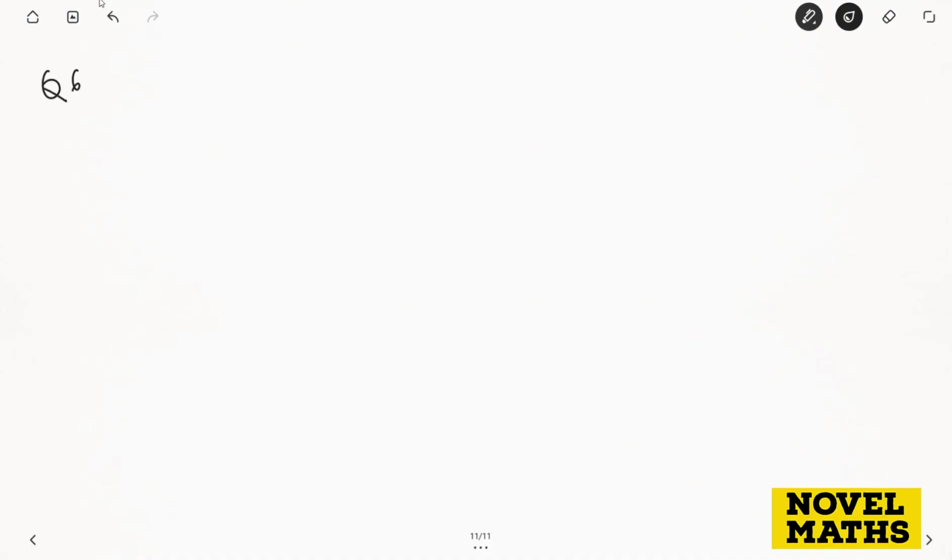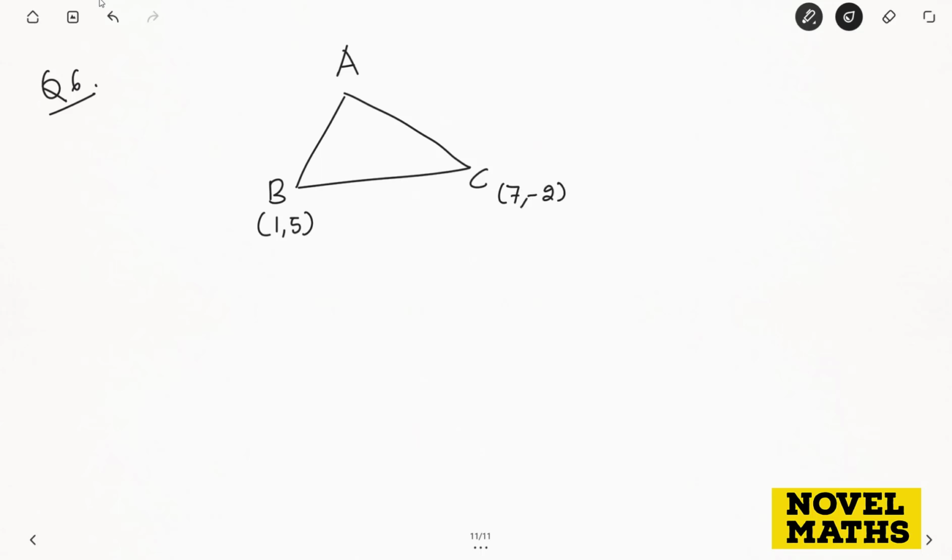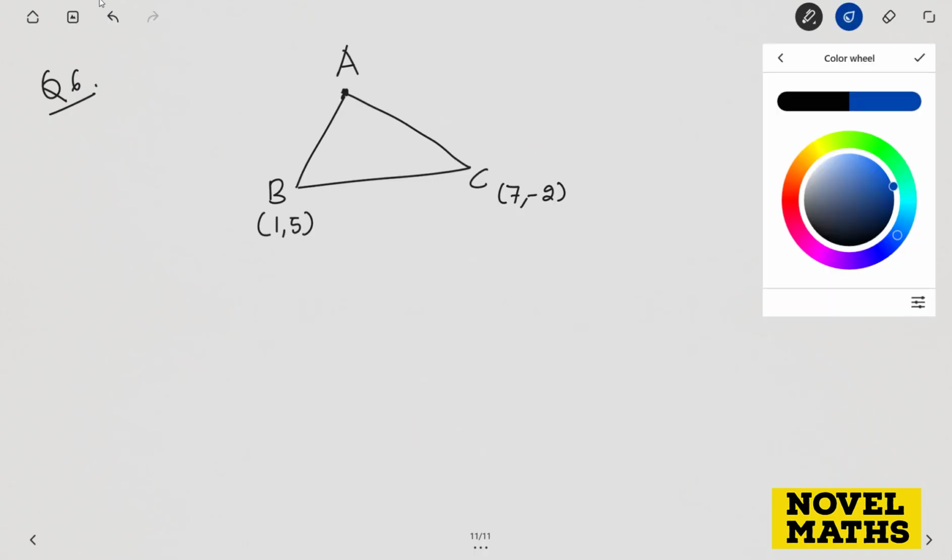Also, you should be familiar with the formula section. Let's keep it small. A, B, C. B is 1, 5, C is 7, negative 2. Point A we don't know, but something is given for point A, right? What is that?